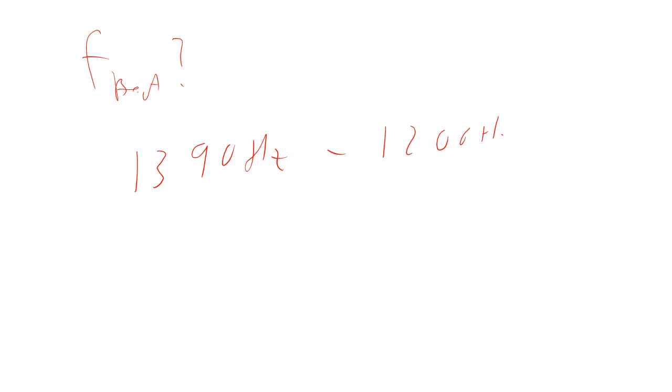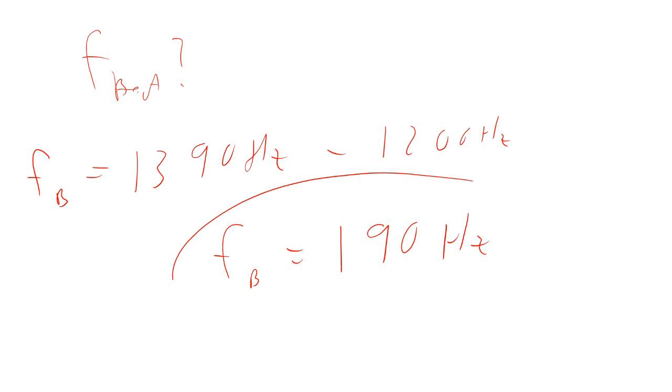So what is the beat frequency? The beat frequency is the difference between the 1390 hertz and the initial 1200 hertz, because the beat frequency is the difference in the two. So the beat frequency will be 190 hertz.